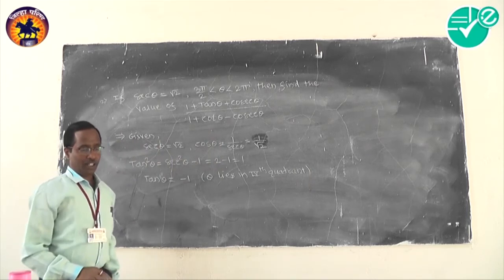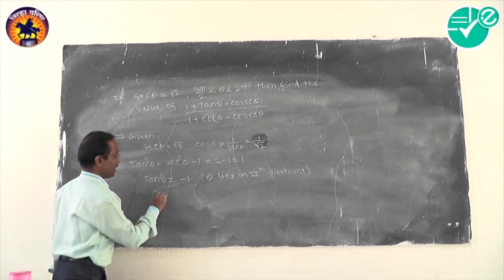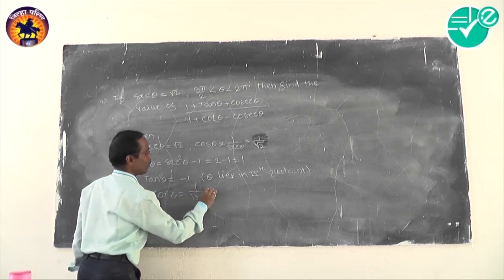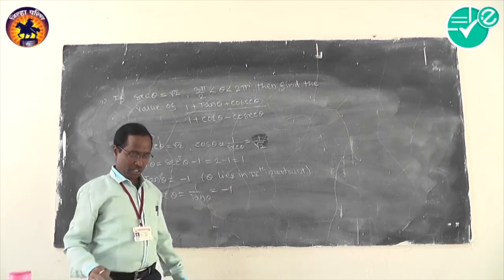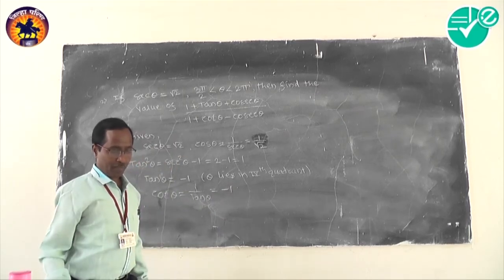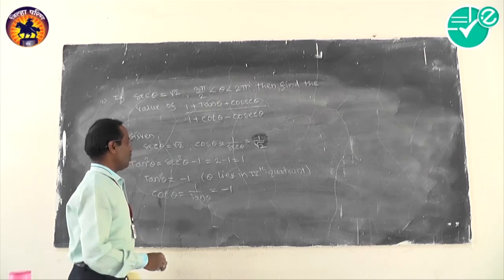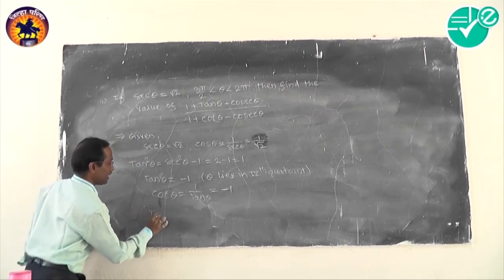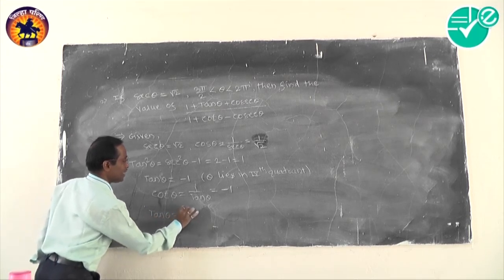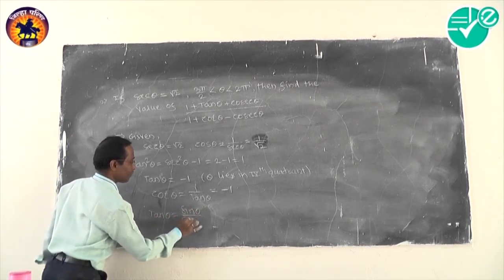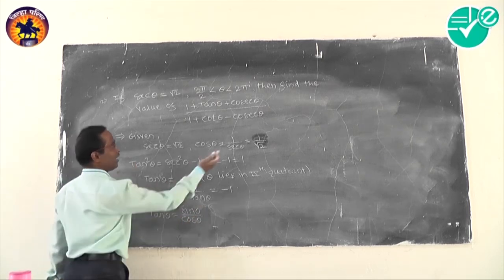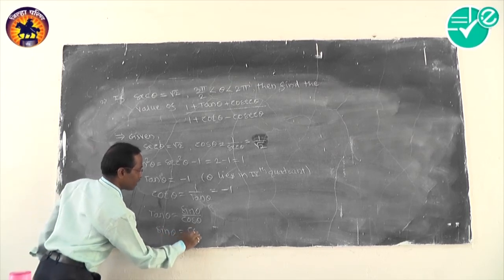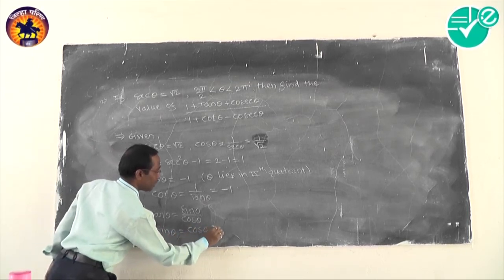Now we want to find the value of cot theta. So cot theta is equal to 1 upon tan theta, we get minus 1. This is the value of cot theta. Now we want to find the value of sin theta. How can we find it? Tan theta is equal to sin theta upon cos theta. We know the values of tan theta and cos theta. We get sin theta is equal to cos theta into tan theta.